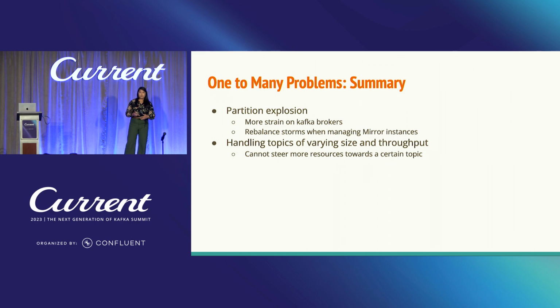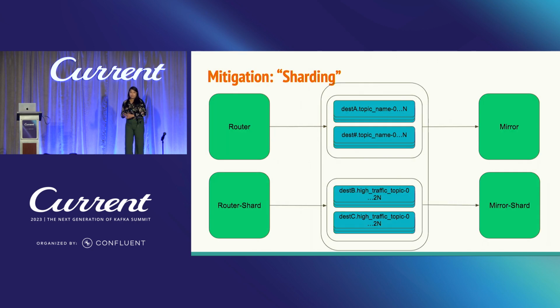And what we did to kind of lessen the impact of that was introduce sharding. And that's just separate deployments of Canapses that handle a particular set of topics. So we might assign maybe some very low throughput topics to one shard, and then maybe even a high traffic topic gets its own shard.